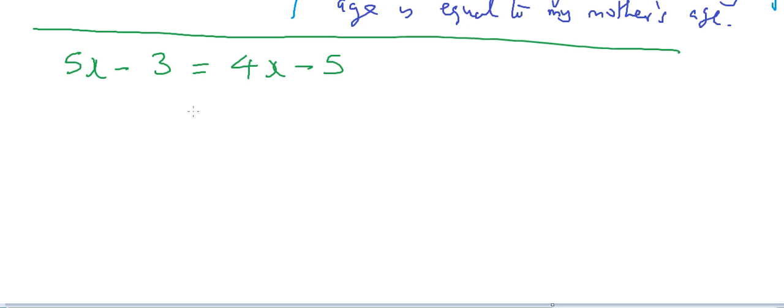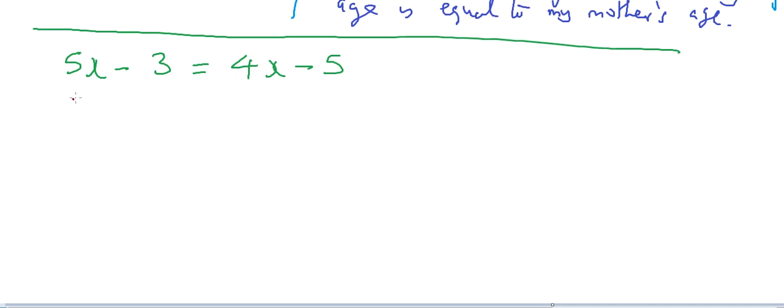So the convenient or better way of moving is, see, move the smaller value to the other side. So here 5x and 4x, which is smaller, 4x. So move this 4x to the other side. So you just look at the coefficient. So coefficient of x here 5, 4. So 4 is smaller, so move 4x to the other side.